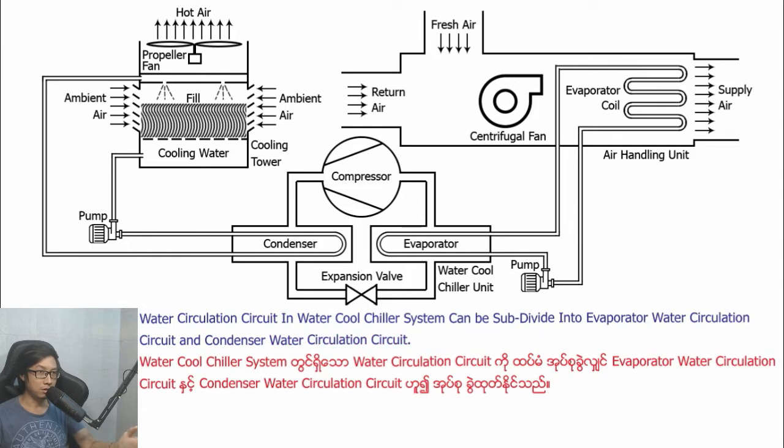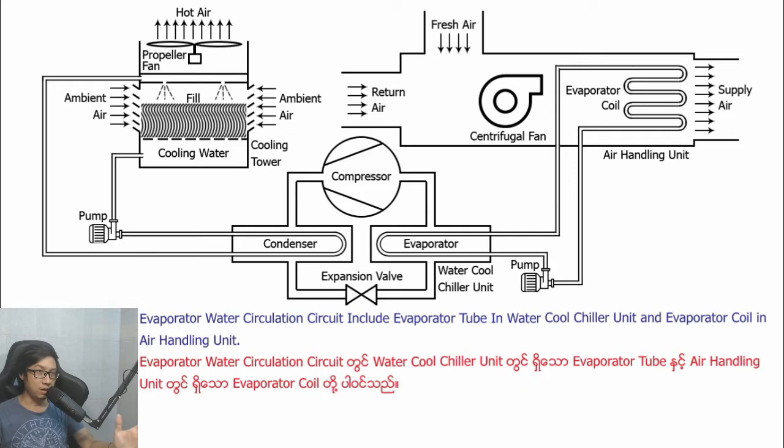The water circulation circuit in a water-cooled chiller system can be subdivided into the evaporator water circulation circuit and the condensate water circulation circuit. The evaporator water circulation circuit includes the evaporator tube in the water-cooled chiller unit and the evaporator coil in the air handling unit.